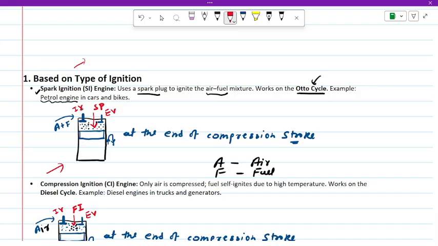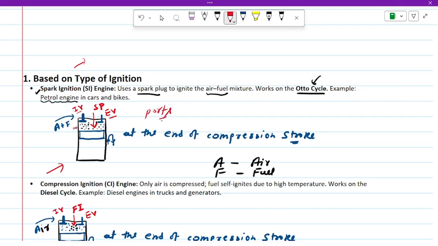That is why we are using valves. You know where we use valves: in the four stroke. In the two stroke, we will see in the upcoming lectures that we use ports.